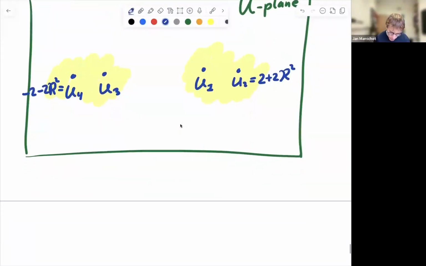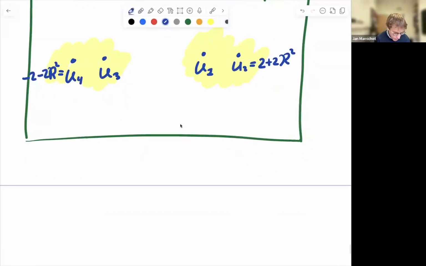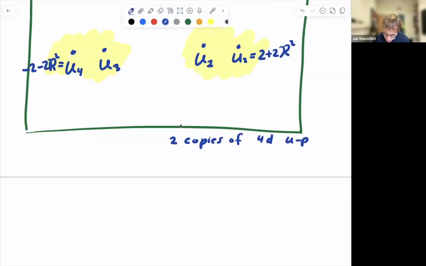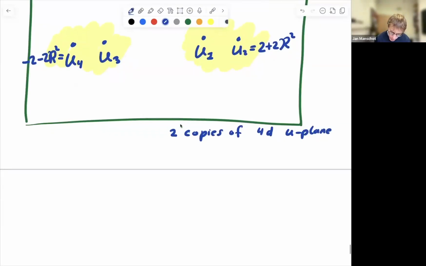So we have 2 copies of the 4D small u plane, and these are related by a Z2 center symmetry.